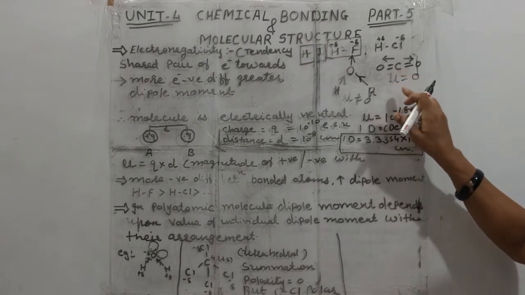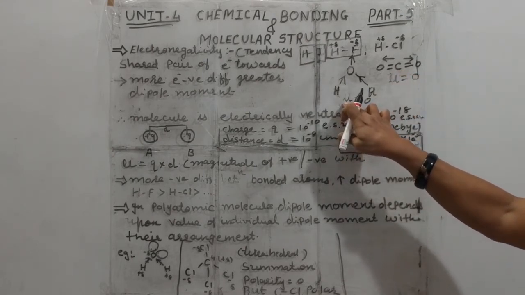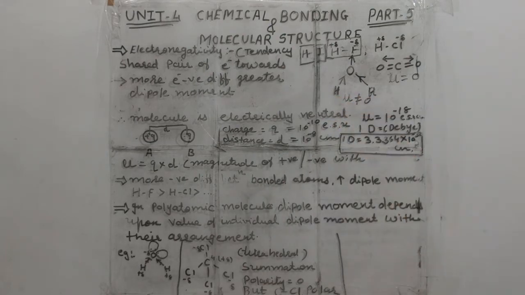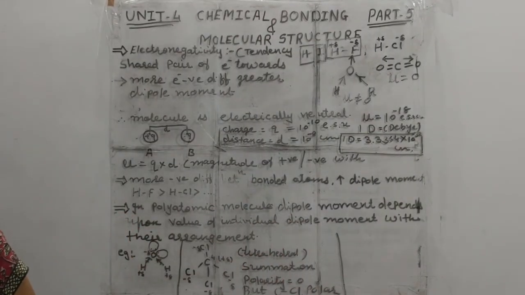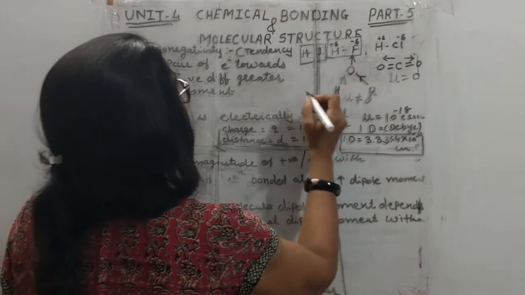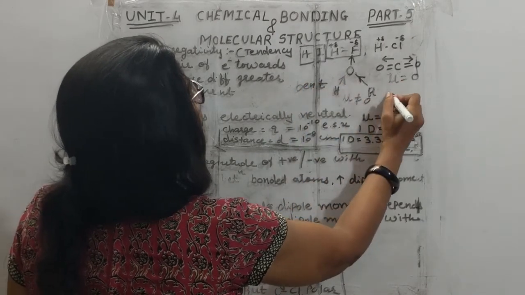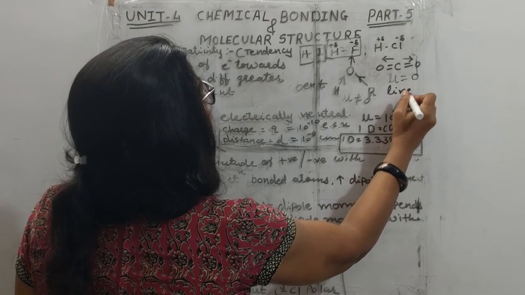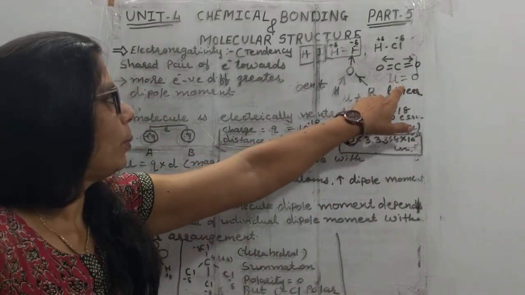That's why CO2 is having the linear structure, while H2O is having the bent structure, student. So this is the main difference: H2O with the bent structure and CO2 is a linear structure because of the dipole moment.